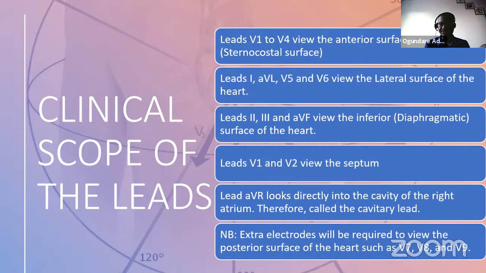For the posterior surface of the heart, you will need extra electrodes apart from the 10 conventional electrodes that we use. So you'll be needing V7, V8, and V9, and those will be attached on the back, the posterior surface of the body.